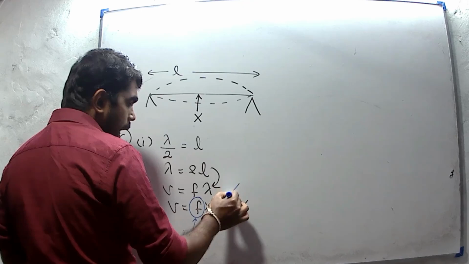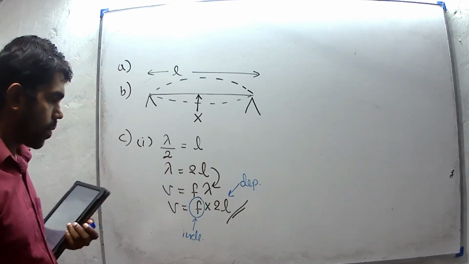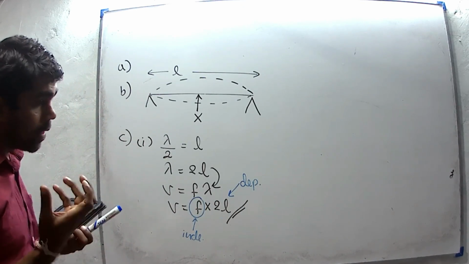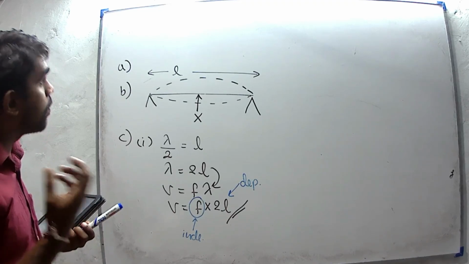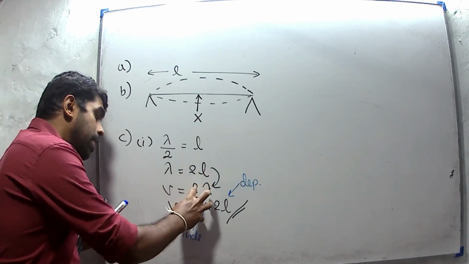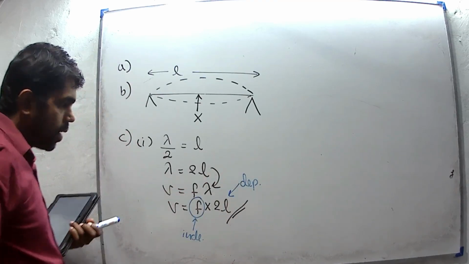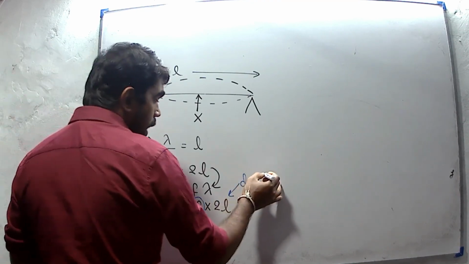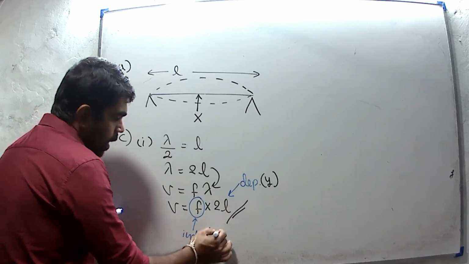We have to measure L, which is the dependent variable. We select F values by using tuning forks, and we measure the corresponding L value. Therefore, the independent variable is F and the dependent variable is L. The dependent variable goes on the y-axis and the independent variable on the x-axis.